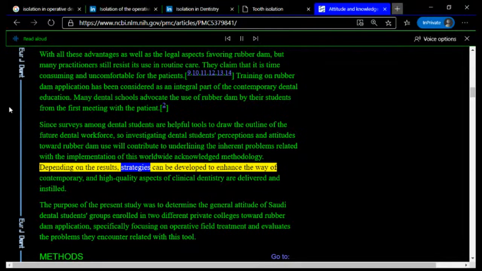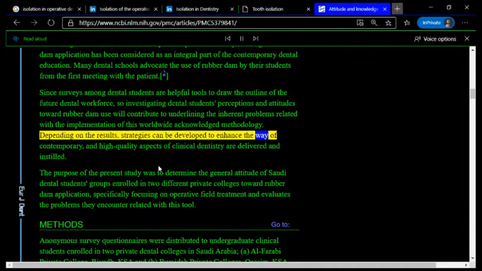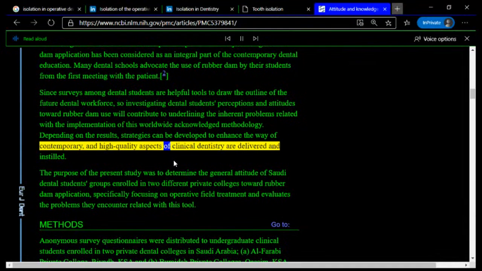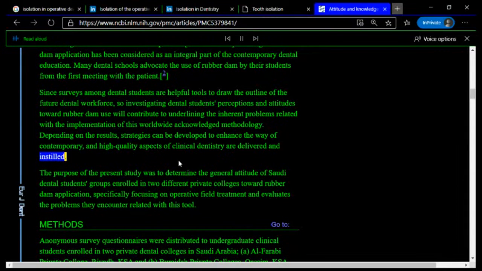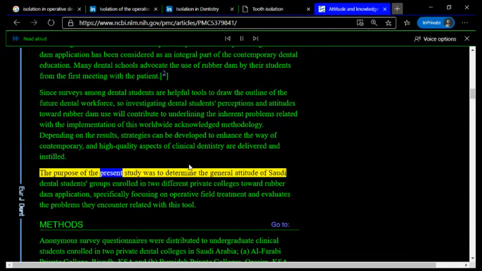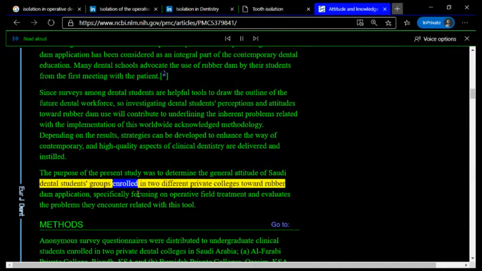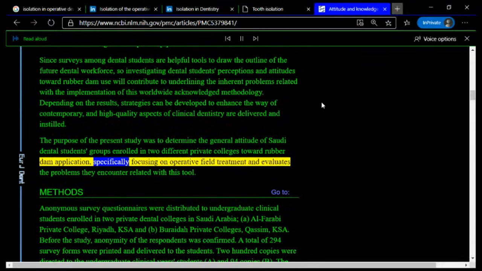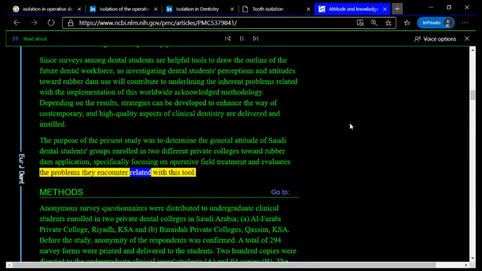Depending on the results, strategies can be developed to enhance the way contemporary and high-quality aspects of clinical dentistry are delivered and instilled. The purpose of the present study was to determine the general attitude of Saudi dental student groups enrolled in 2 different private colleges toward rubber dam application, specifically focusing on operative field treatment, and to evaluate the problems they encounter related with this tool.